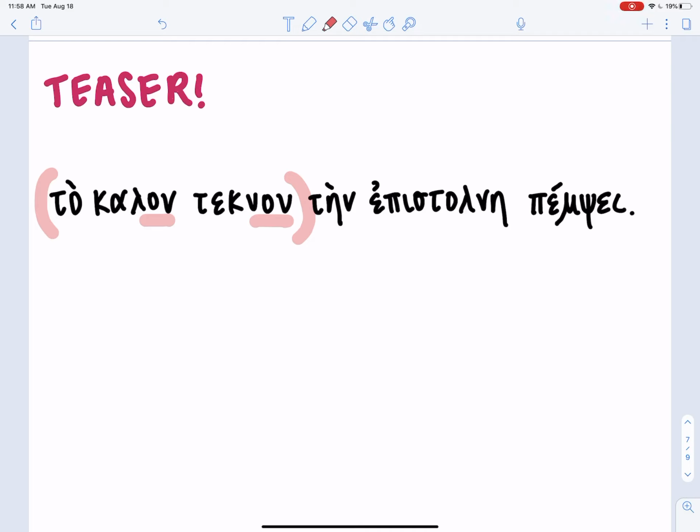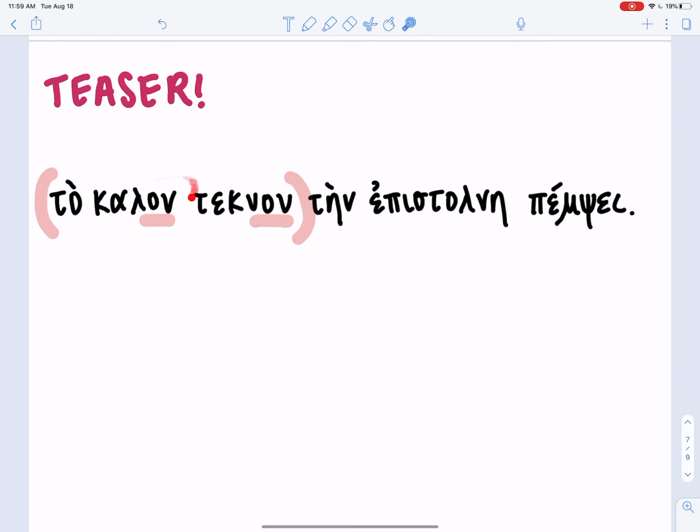If you ever get lost and think that something is masculine because of a similar ending, you can look at the article. There's no nu on the end of the article here, and so that's how we can tell, if you didn't know the words, that this noun is neuter.